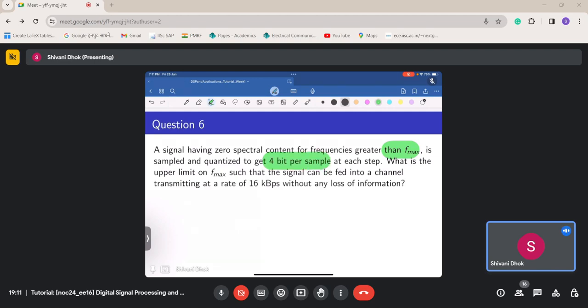What we need to find is the upper limit on f max such that the signal can be fed into a channel transmitting at a rate of 14 kilobytes per second without any loss of information.